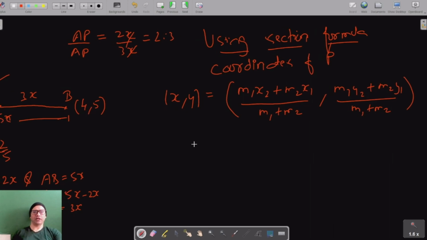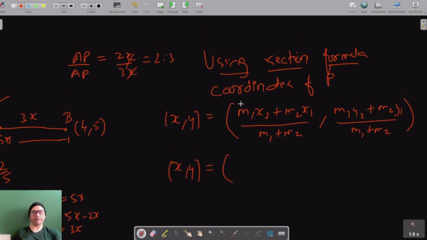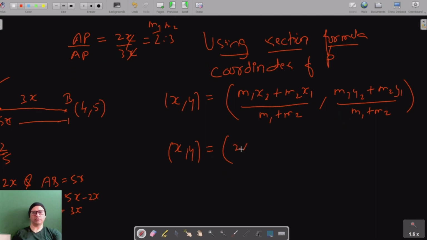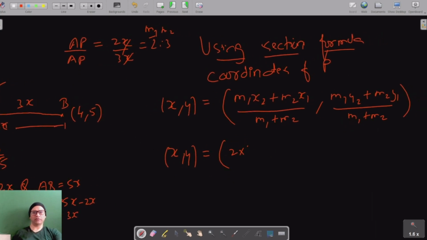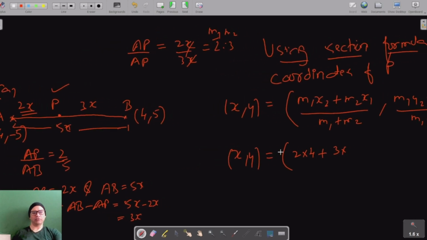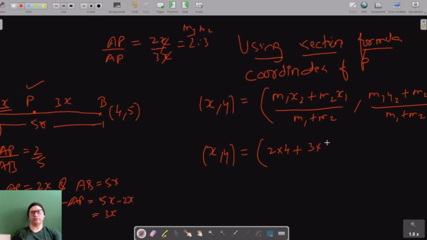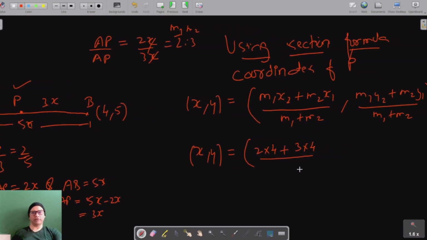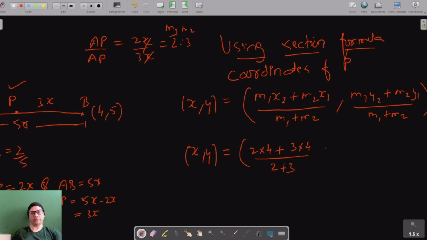Now (x, y) is equal to, so this is m1 and m2. m1 is 2 and x2 is 4, plus m2 is 3 and x1 is 4. So m1 plus m2 is 2 plus 3, which is 5.